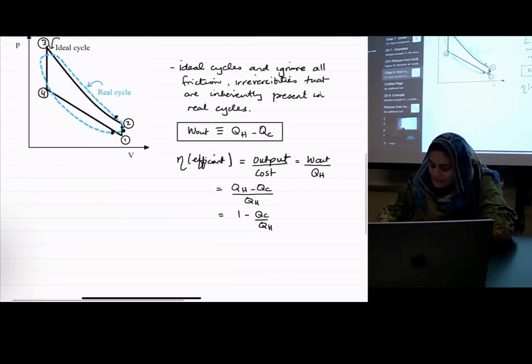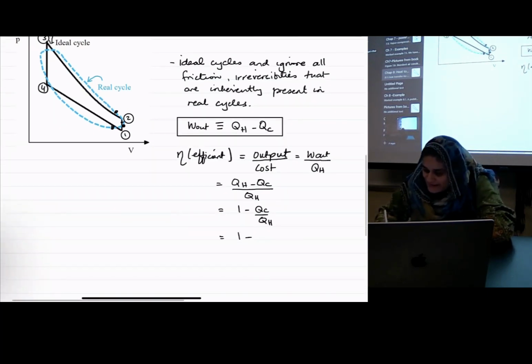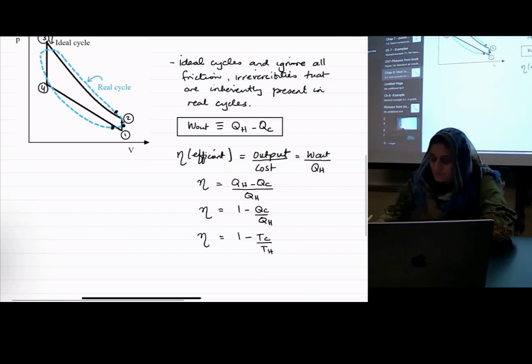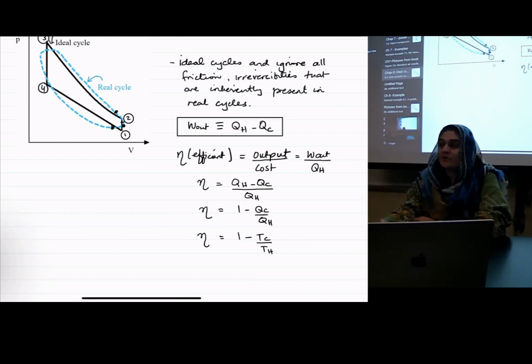And we talked about this. For an ideal case, this will be 1 minus TC over TH. So these are the different formulas for efficiency that you may need.